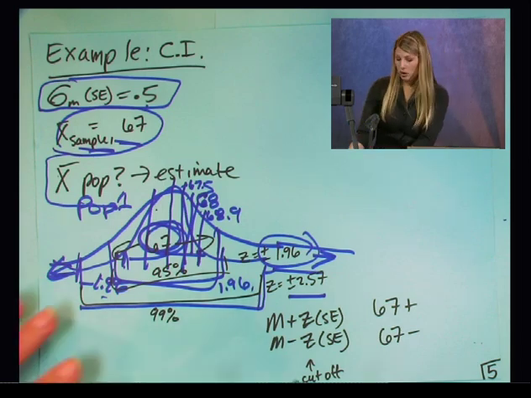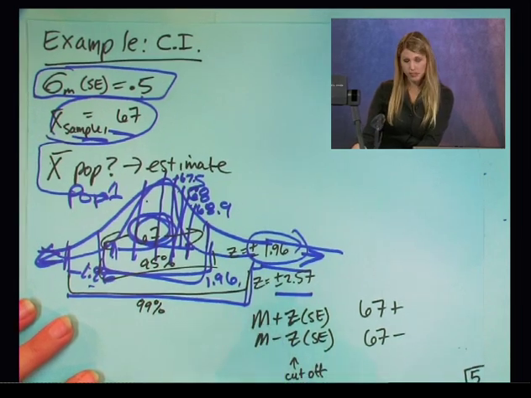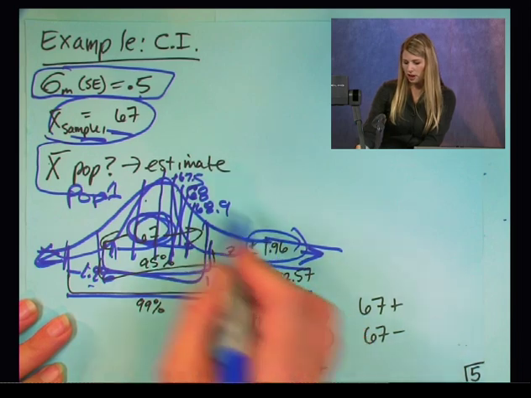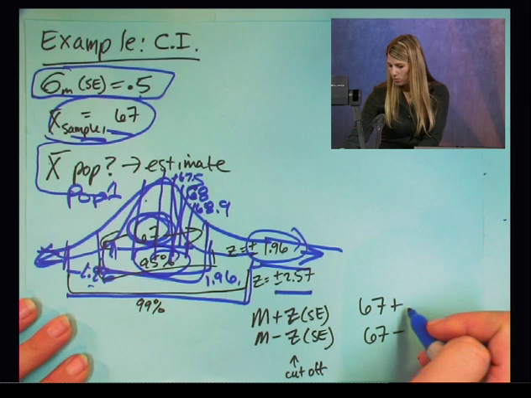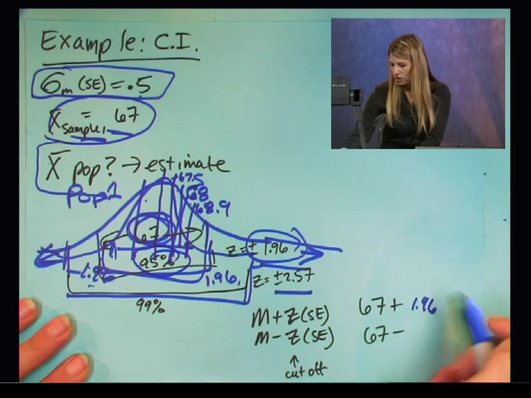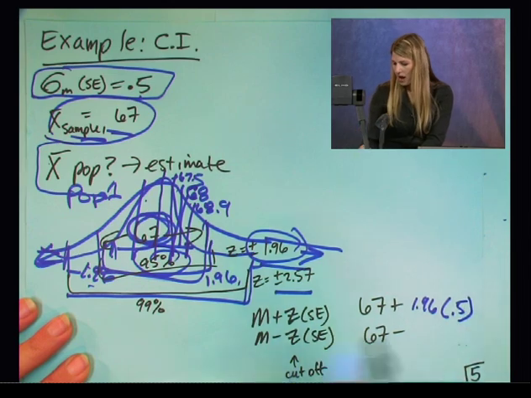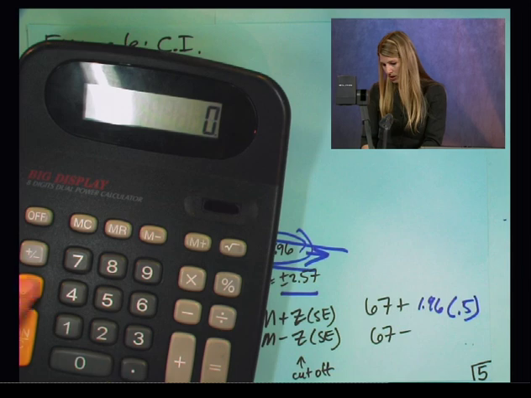The way you make a confidence interval, you just take your sample mean, so your sample mean 67, plus z for your cutoff. So if you're doing a 95% confidence interval, you'll take plus 1.96, your z-score, times standard error 0.5, and that gives you your upper limit. So let's go ahead and calculate that.